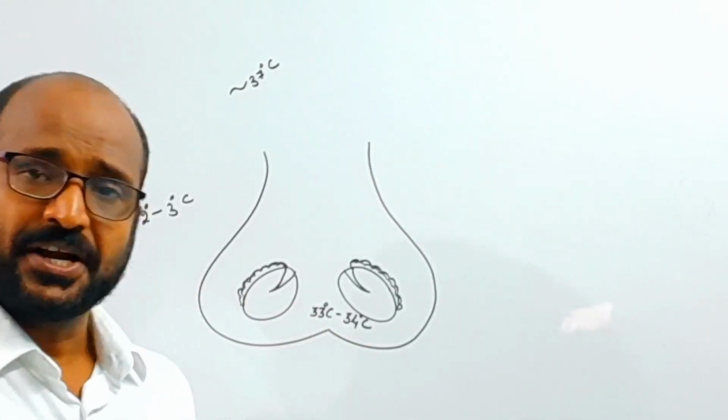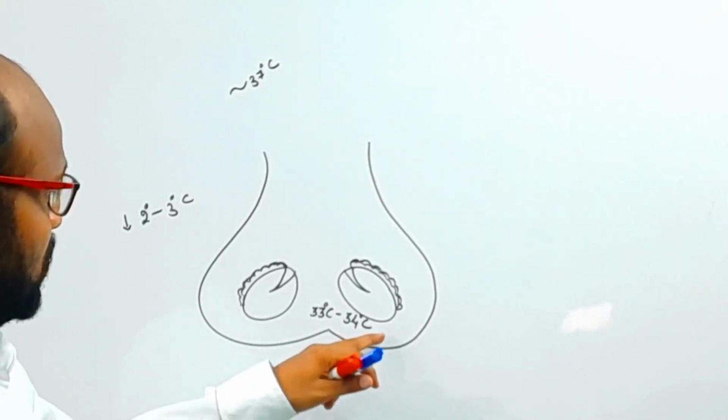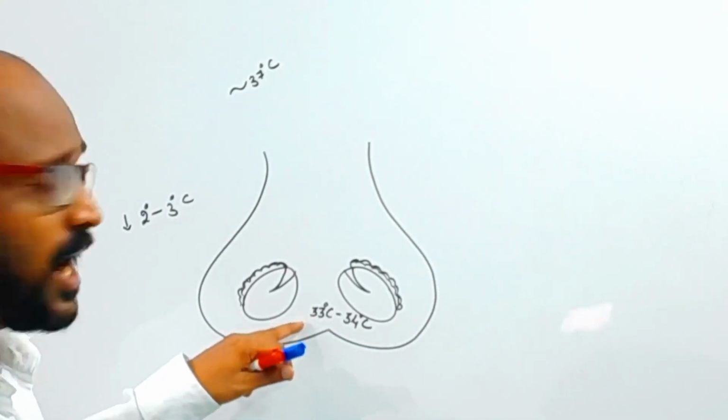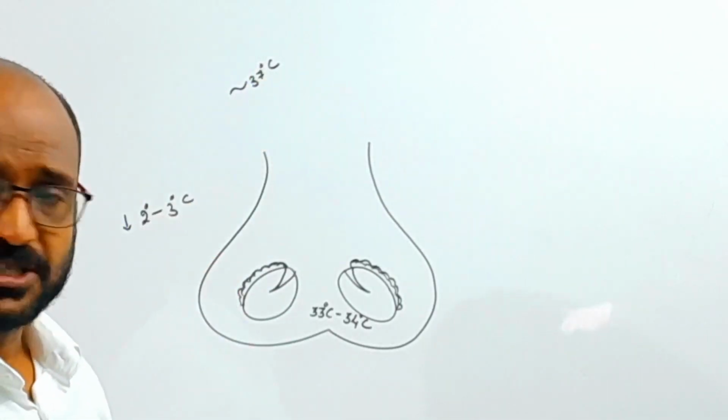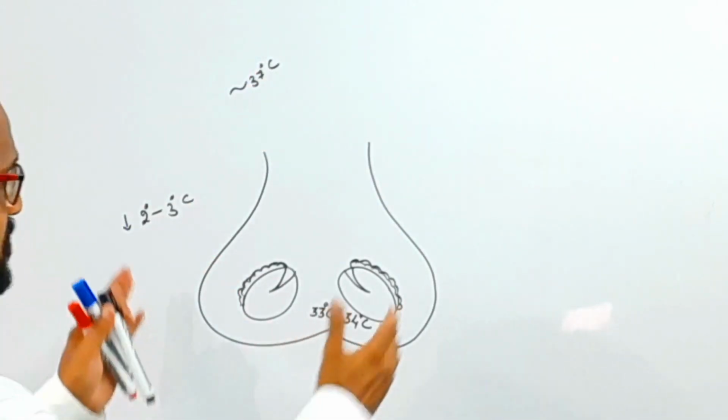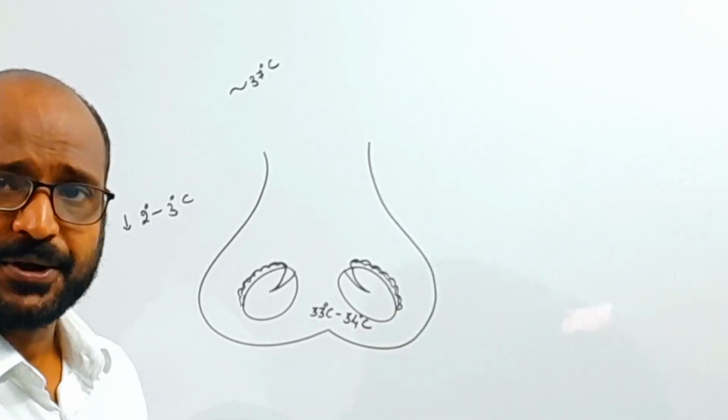So the testis needs 33 or 34 degrees while the core body temperature is 37 degrees. That's why it is present outside of the abdominal cavity.